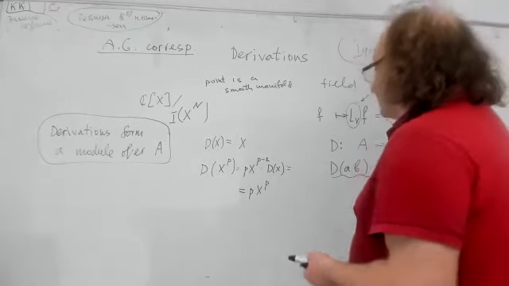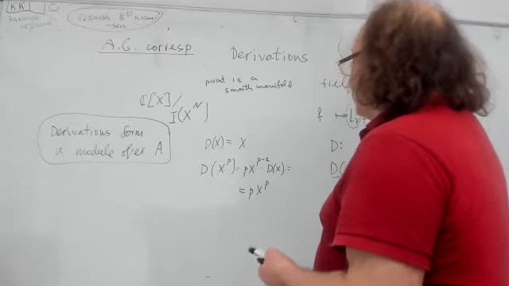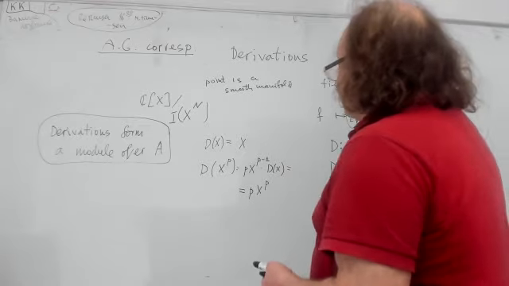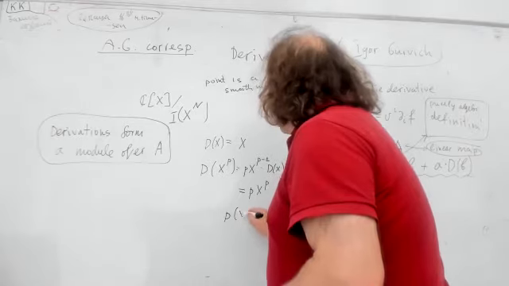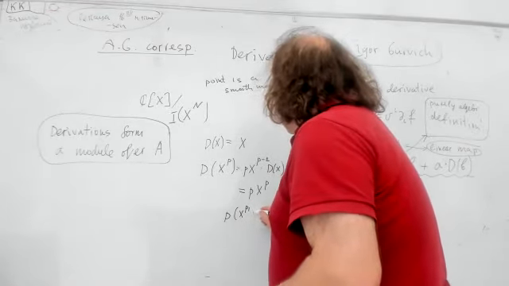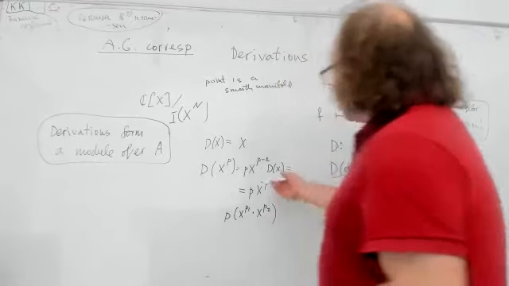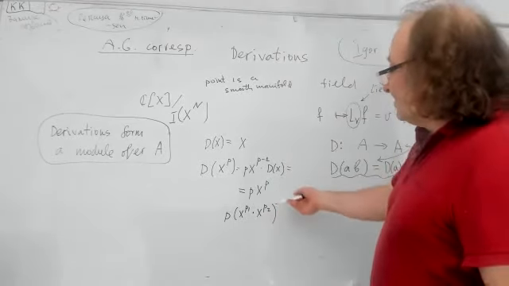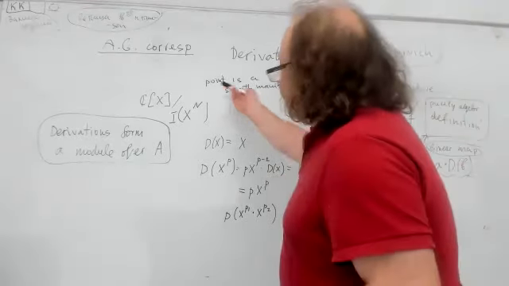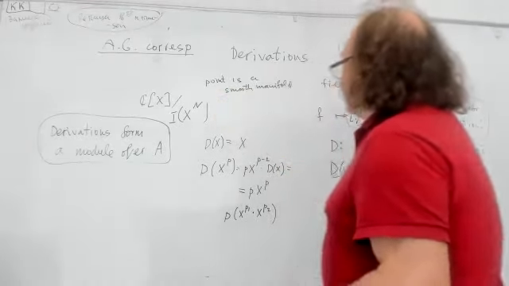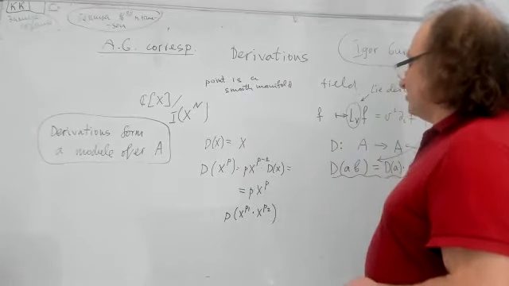So how should we check that it is a derivation? We would like to apply it to the product. But then you may say that this check goes exactly as in the case where there is no factorization. So it's really a derivation.